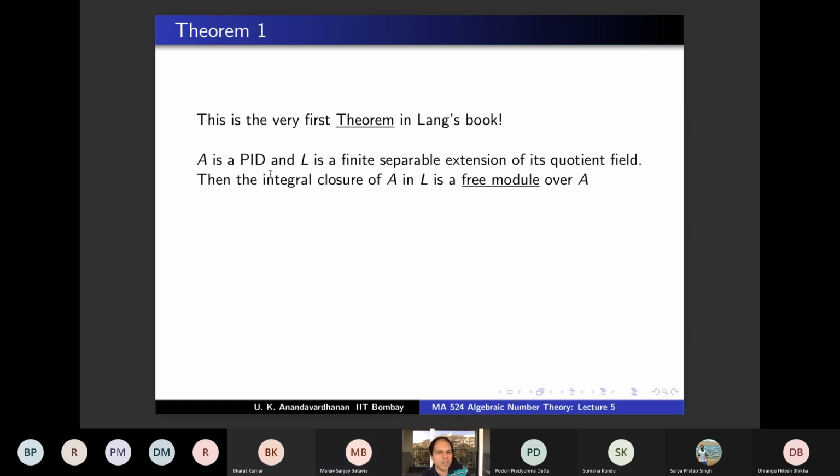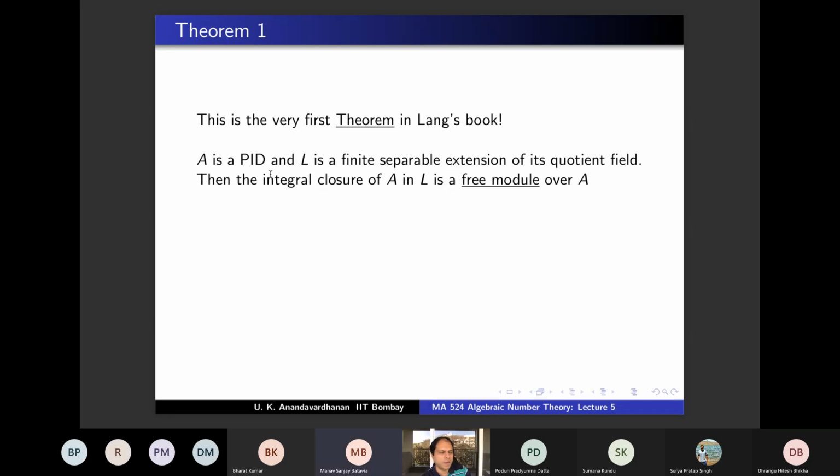So here, what is the question that you will ask because it's a free module? What is the dimension again? What is the word in module theory for dimension? Rank. Yes, rank is the word used for dimension here. So what is the rank, and can you guess what the rank should be?